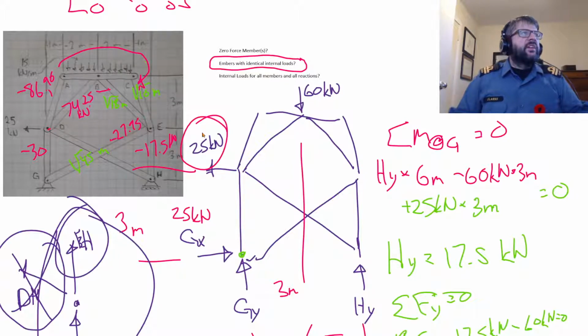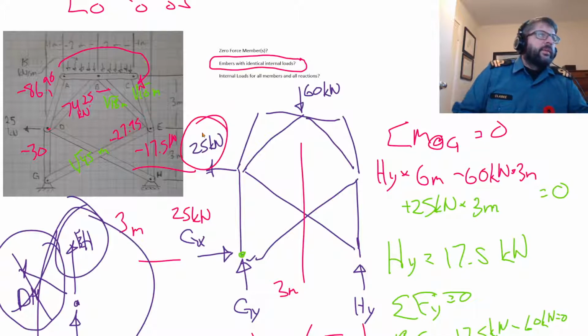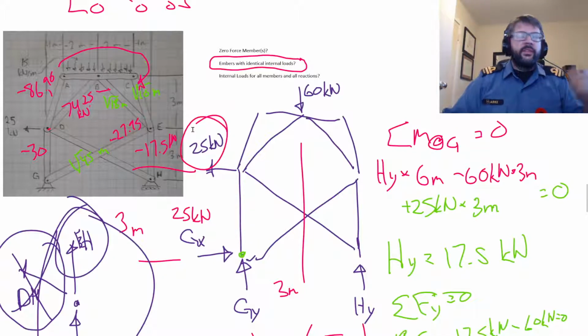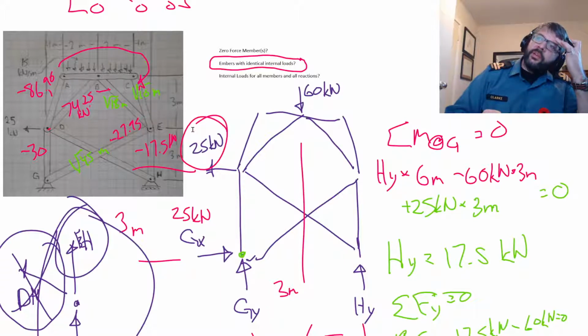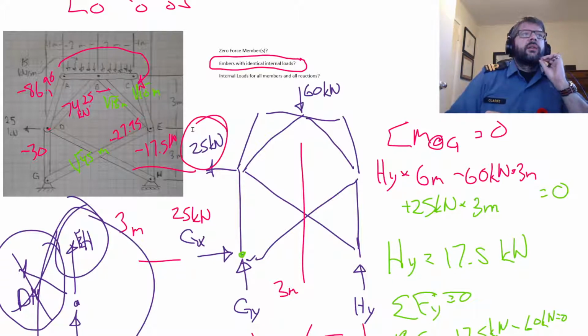And then ABC, that's not a two-force member. So it doesn't have a single internal load that is acting upon it throughout. It's got a combination of bending moments and normal loads that vary along its length.